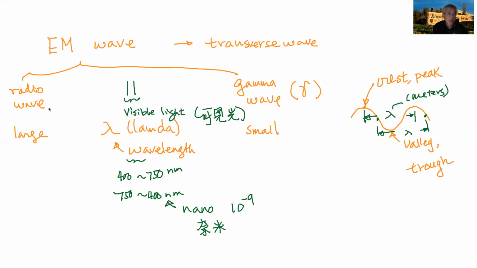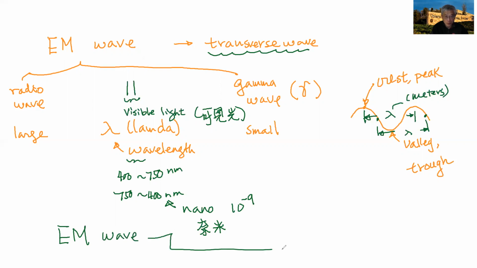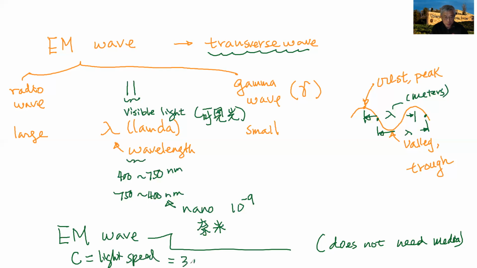So that's the EM wave, and they are all transverse waves. What's special about EM wave is that it's a transverse wave, but it does not require media. It does not need media. And the EM wave always travels at the speed c, which is light speed, equal to 3 times 10 to the 8 meters per second.